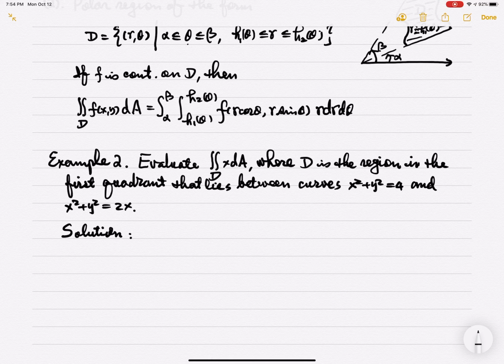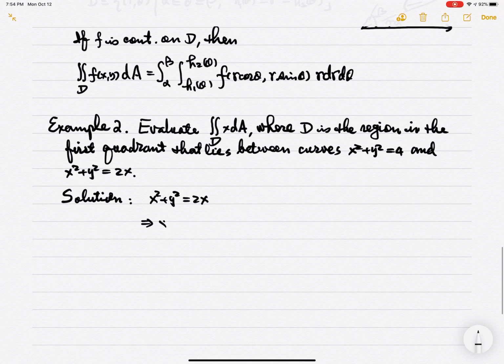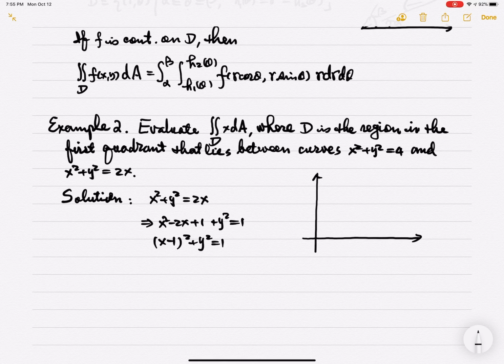If you look at x squared plus y squared equal to 2x, this implies x squared minus 2x plus y squared equals 0. If you add 1 to both sides, this is (x minus 1) squared plus y squared equal to 1. Now if you draw the graph, first look at x squared plus y squared equal to 2 squared.